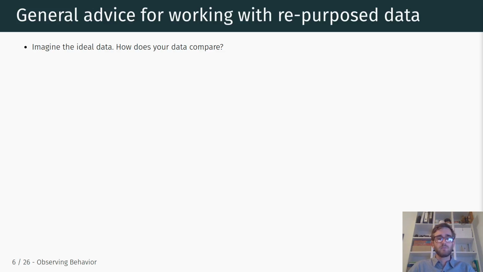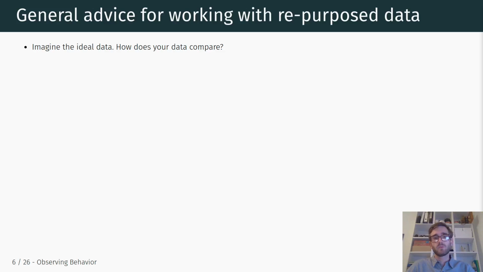The first piece of advice that is important to think about when you find a new data source, or try to collect some online digital trace data or some administrative records that you find in archives and things like that, is to start with a first principled question of what the ideal data to answer your research question would look like, right?